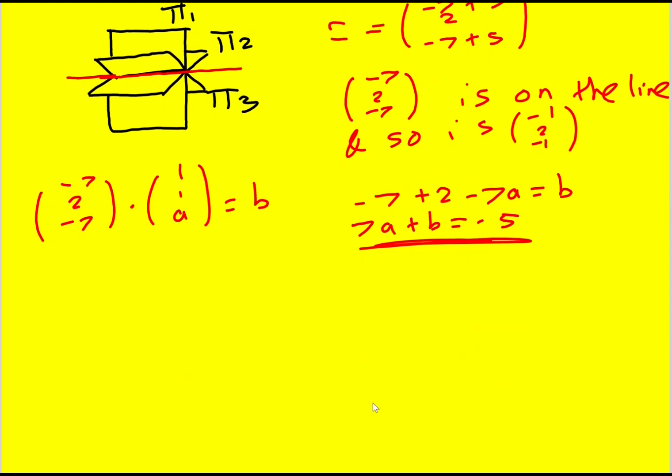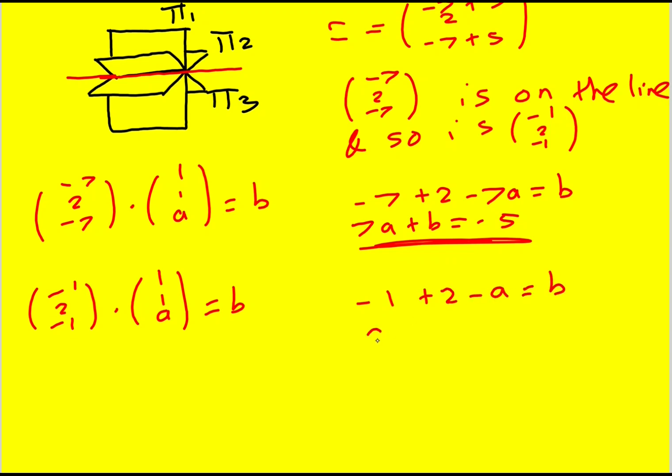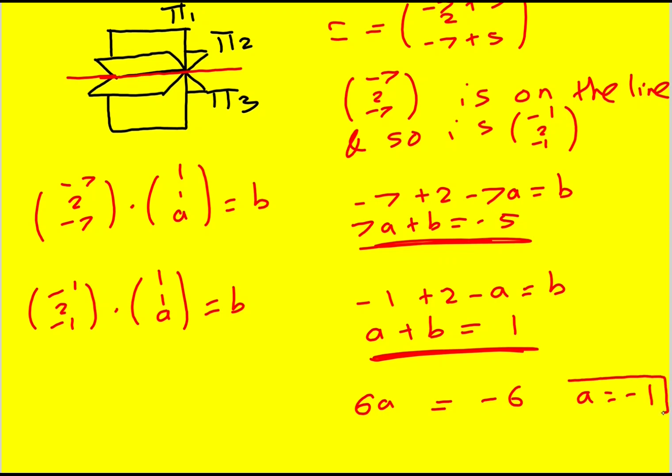And then we'll do the same with the other points. (-1, 2, -1) dotted with (1, 1, a) is equal to b, which means -1 plus 2 minus a is equal to b. So a plus b is equal to 1. I'm going to subtract these, which will give me 6a equals -6. Therefore, a is equal to -1. Put that back into the second one. B is going to equal 2.